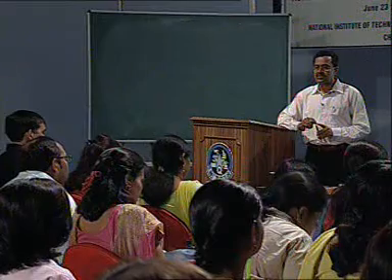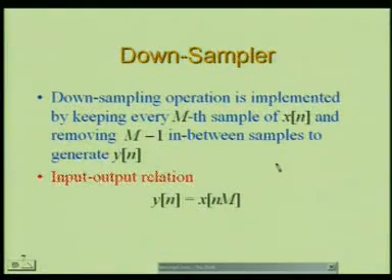So, how to achieve this? It is very easy. You can simply suppress M minus 1 samples out of the given discrete samples. Between two consecutive samples, you have to simply suppress M minus 1 number of samples.